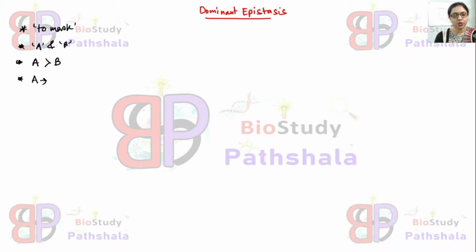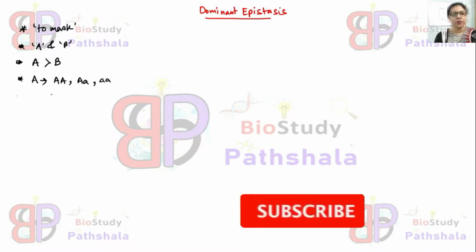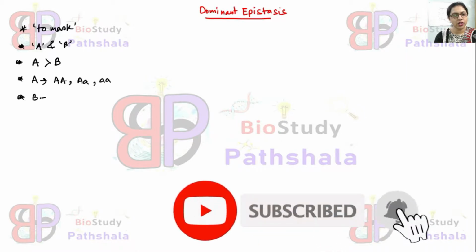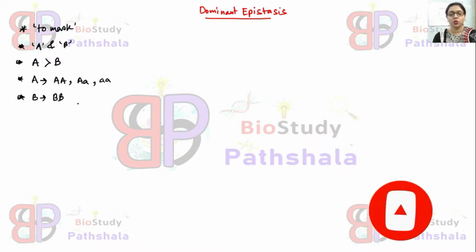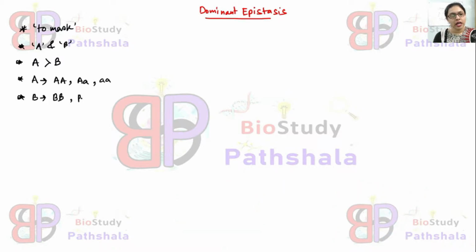The A gene shows three types of genotypes: capital A, capital A, that is homozygous dominant, capital A, small a, that is heterozygous condition, and small a, small a, that is homozygous recessive condition. The B gene also shows three types of genotypes: capital B, capital B, that is homozygous dominant condition, capital B, small b, that is heterozygous condition, and small b, small b, that is homozygous recessive condition.